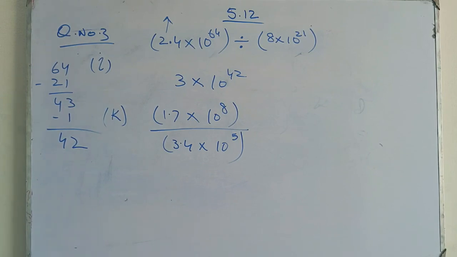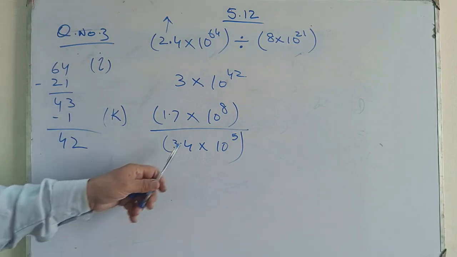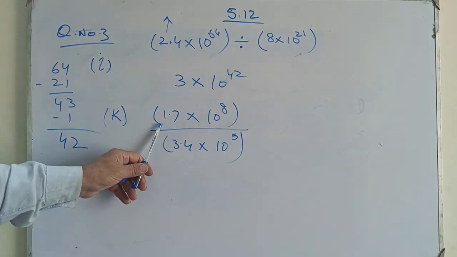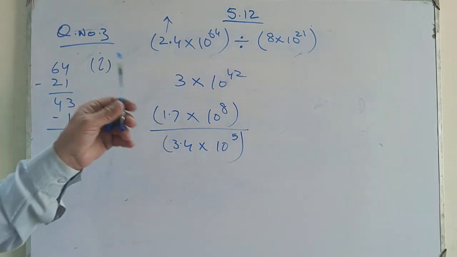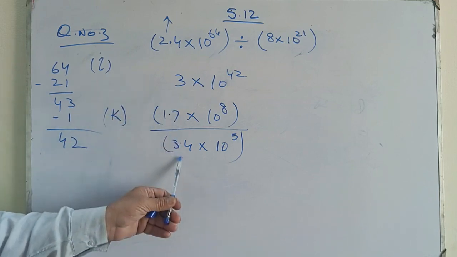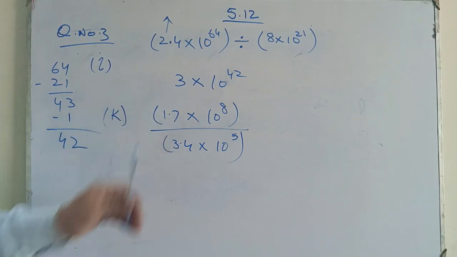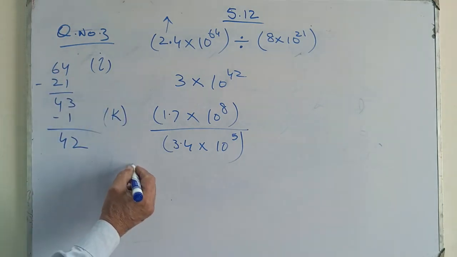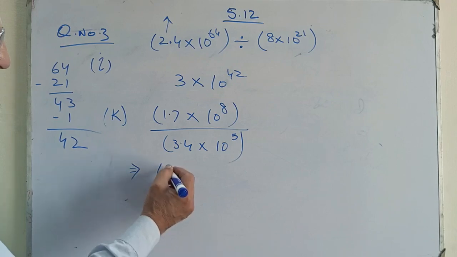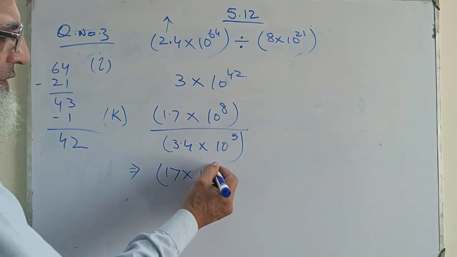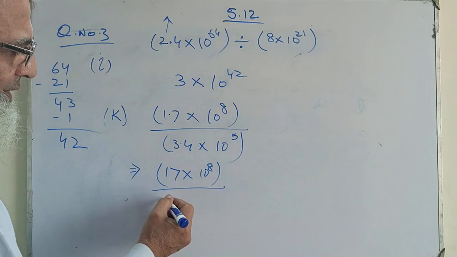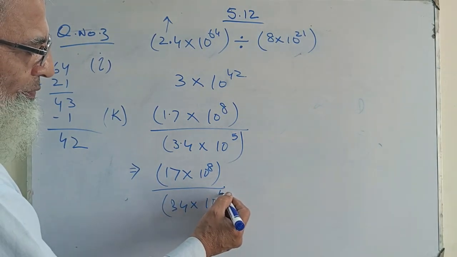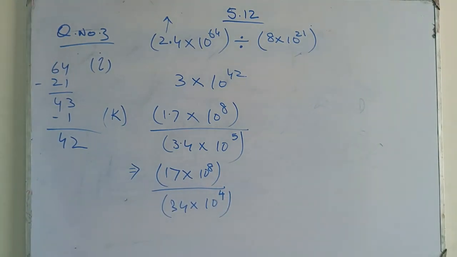So you see that we cannot bring this 3.4 into the numerator. So we will just simplify. Now you just consider that this whole thing is written like this: 17 into 10 raised to power 7, and it is written like this: 34 into 10 raised to power 4.